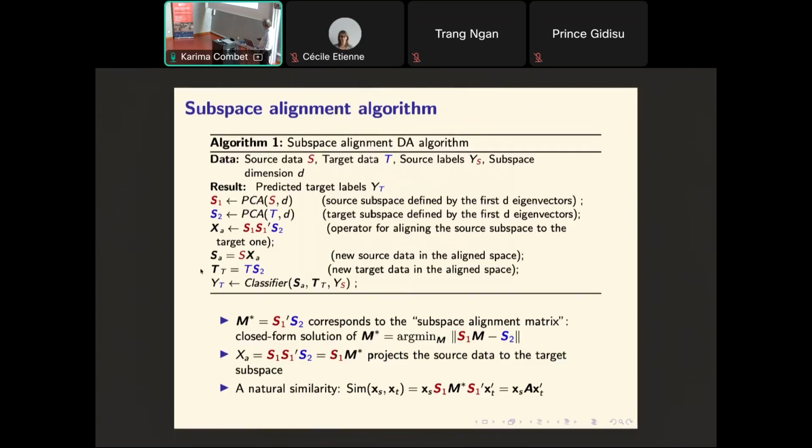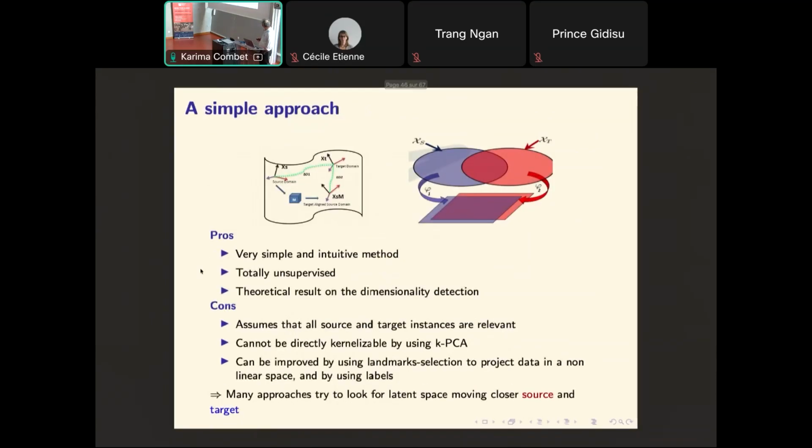You compute a projection operator that aligns the two domains, and then you project your source to the target. And then you learn a classifier from the projected source. So it's very simple. It's still unsupervised, but of course, this has the counterpart of unsupervised methods: it's not very accurate because you don't have labels. But it's a very simple way to align models.